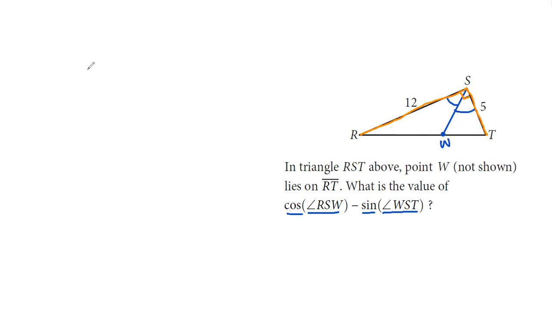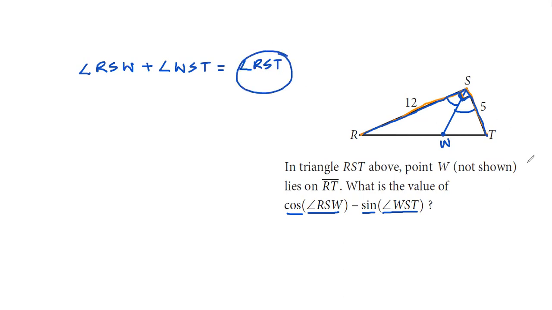And we can write, if I add these angles, angle RSW plus angle WST, you'll get this total angle RST, which is a right angle, so I'm going to write it as 90 degrees. So you can say angle RSW and WST are complementary to each other.